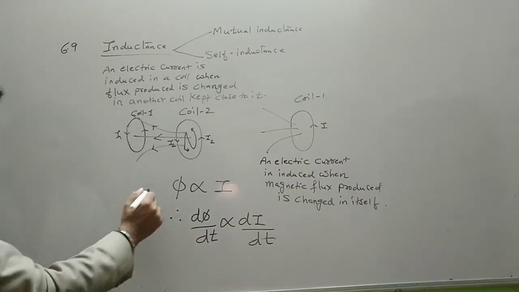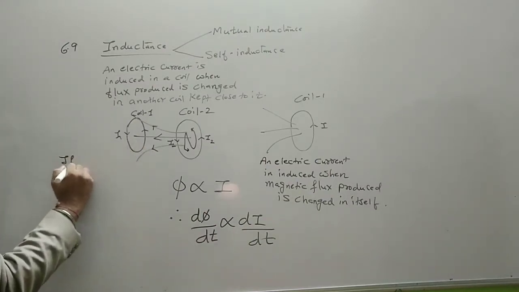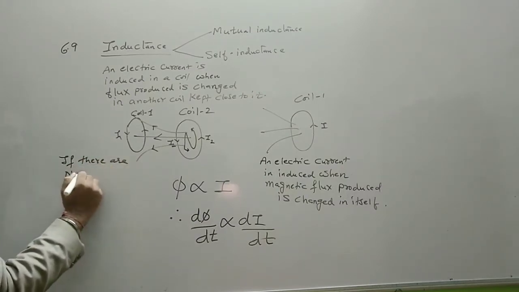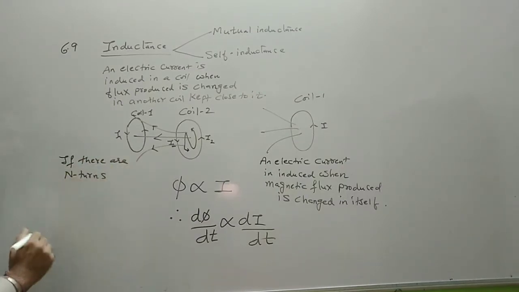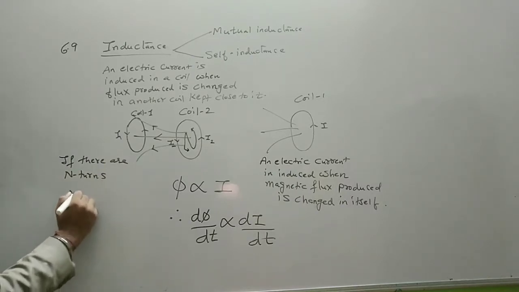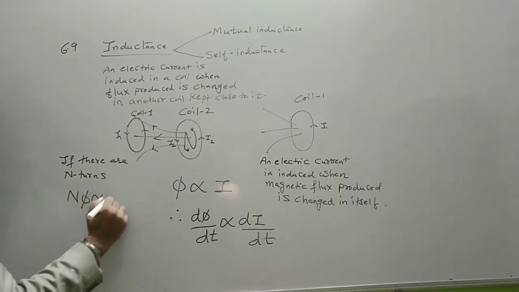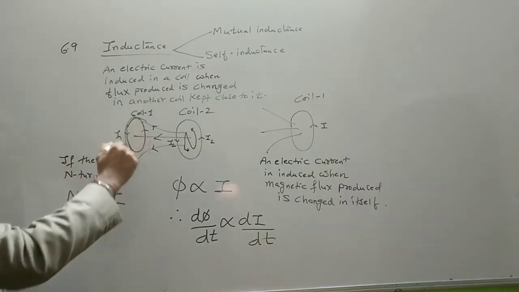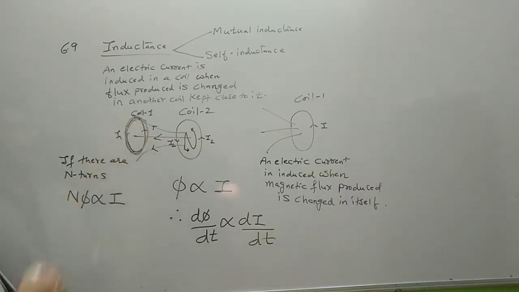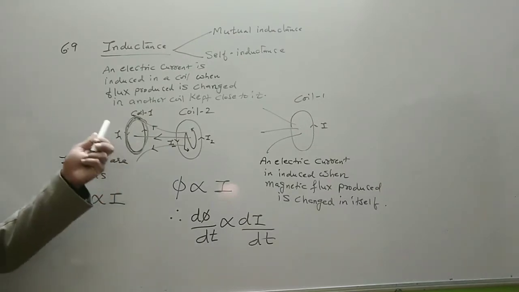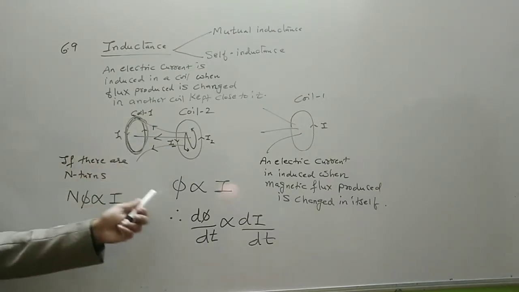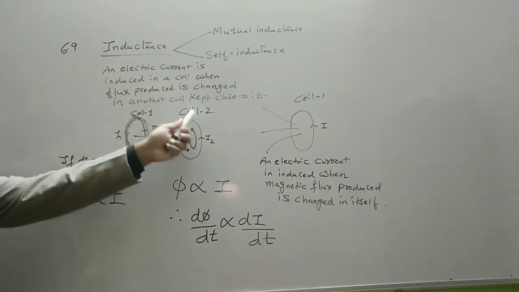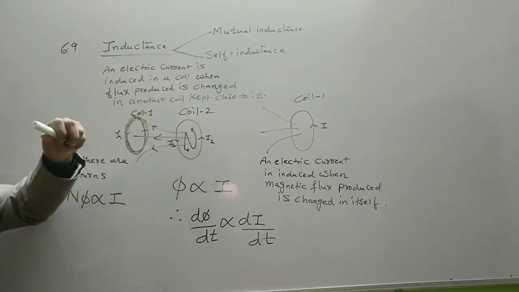Now, if there are n turns, then n phi is directly proportional to I. So if there are n turns of the coil 1, then the flux linked with it is called the flux linked with coil 1 due to current in coil 2.